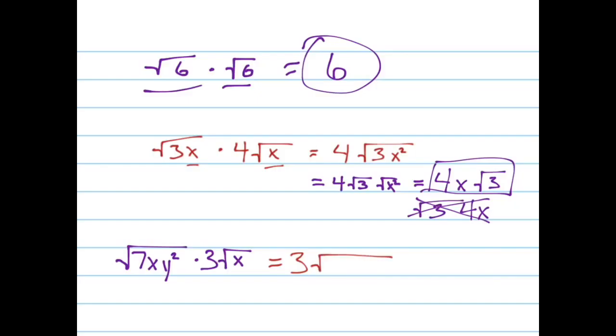What's under the radical when we combine those two? 7, x squared, y squared. There's only the y squared; there's no other y to make it cubed.